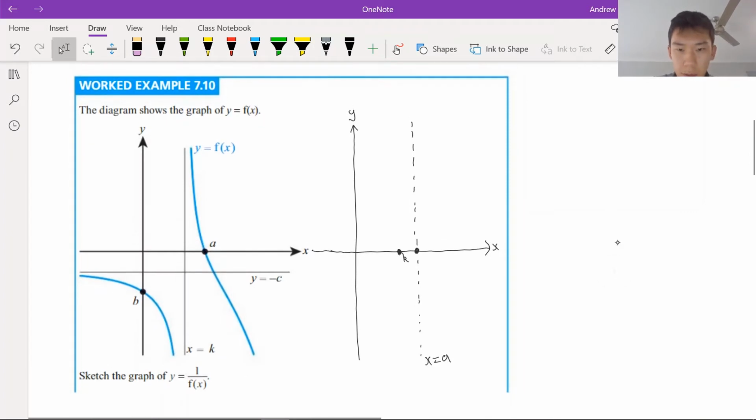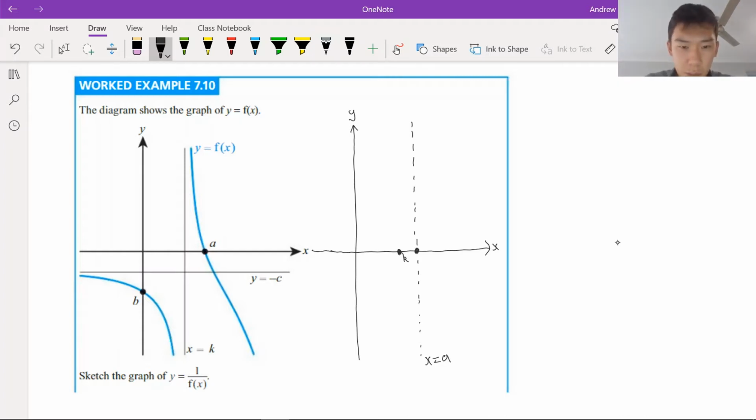So let's have a think about how we're going to graph this. So notice how b is lower than the asymptote right now. So if we inverse them, so 1 over c and 1 over b, since c has a smaller absolute value, if we go 1 divided by a smaller number, it'll be larger than if we do 1 over b.